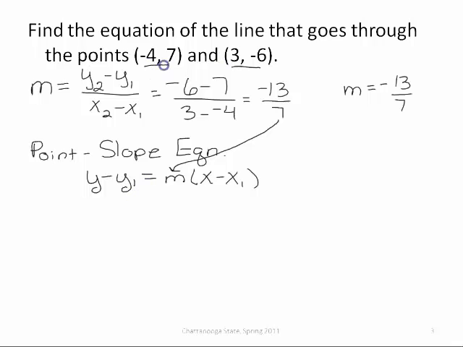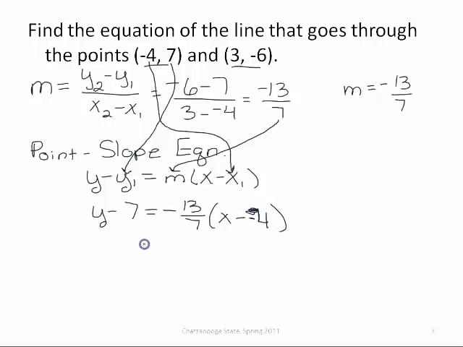So I'll just use the first ordered pair, the -4 and the 7. So the -4 will go in for x1, and the 7 will go in for y1. That gives me y minus 7 equals -13/7 times x minus -4.